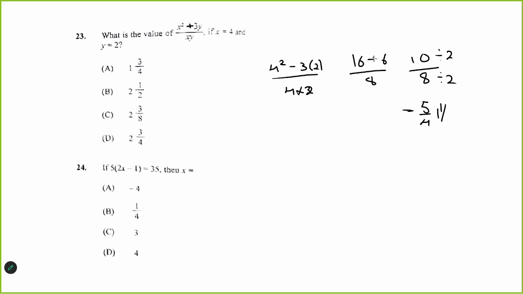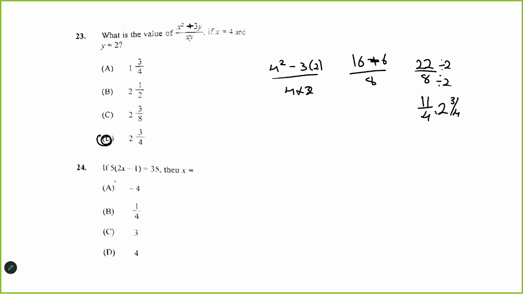So it would be 6 plus 16, let me just erase that 10 over 2. 6 plus 16 is 22 over 8, divisible by 2, you'll get 11 over 4. 4 could go into 11 2 times, 4 2s are 8, 9, 10, 11, 2 and 3/4 is the answer, so the answer for this is D.